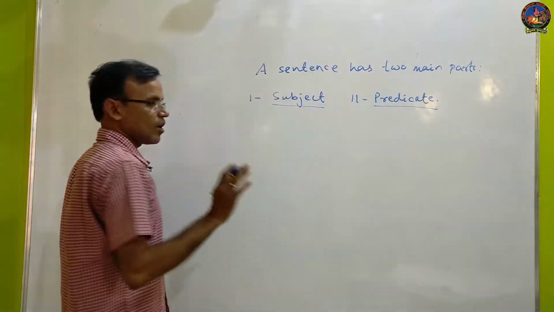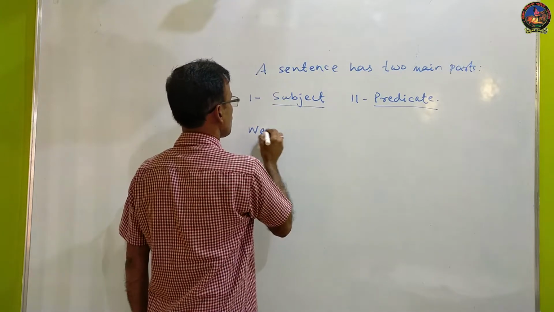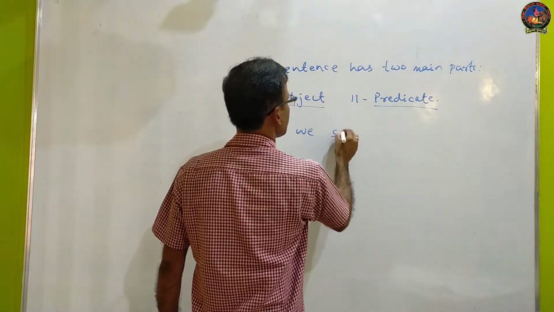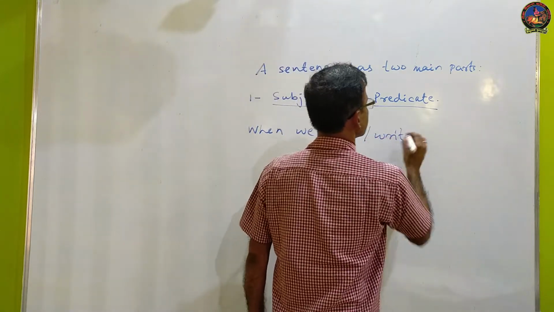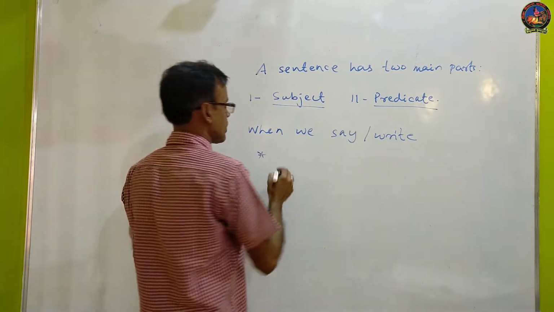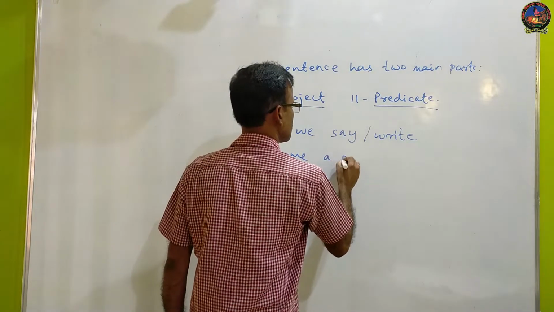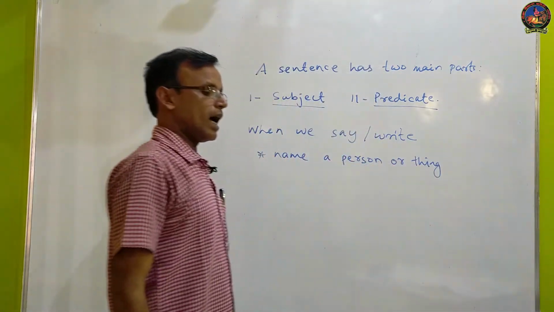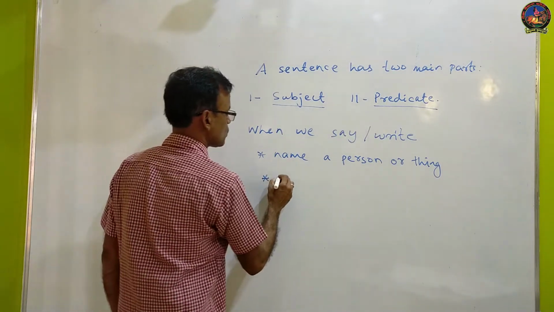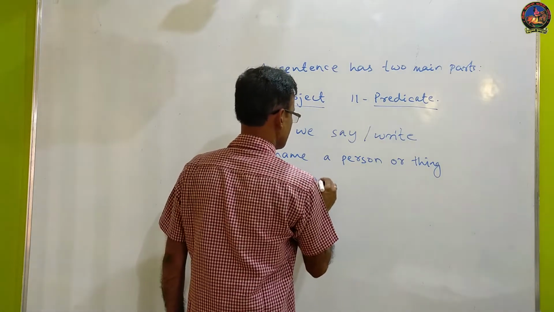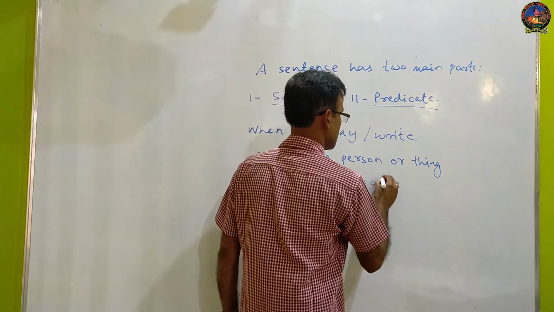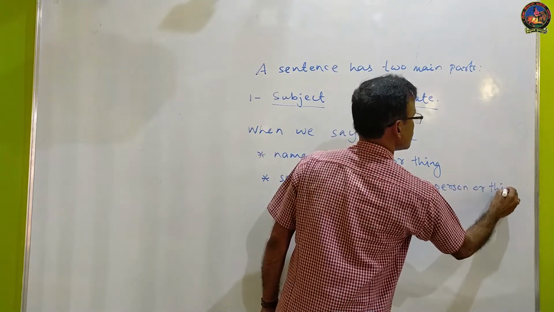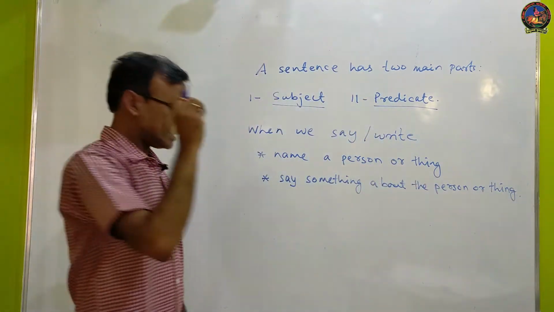Generally, when we say or when we write something, we name a person or a thing, and secondly we say something about the person or thing, particularly that person or that thing.